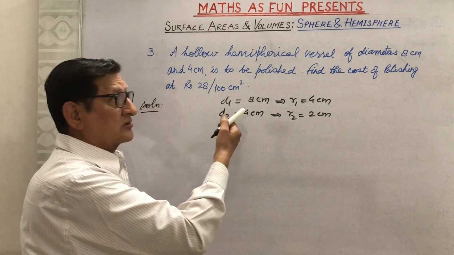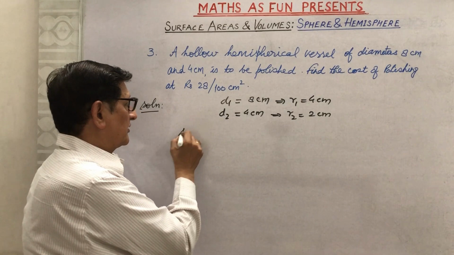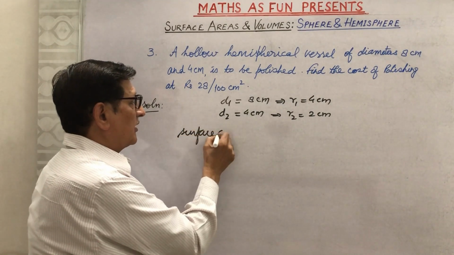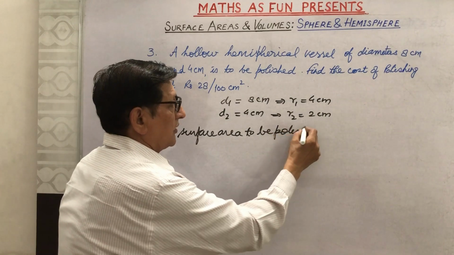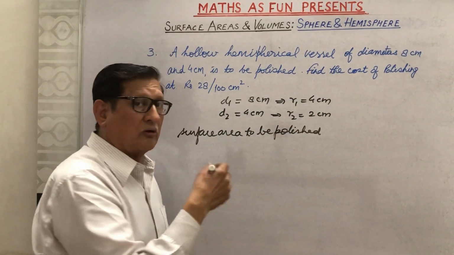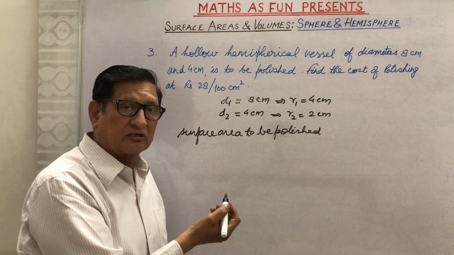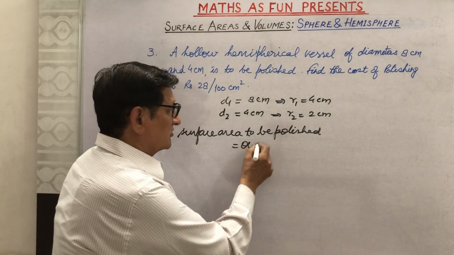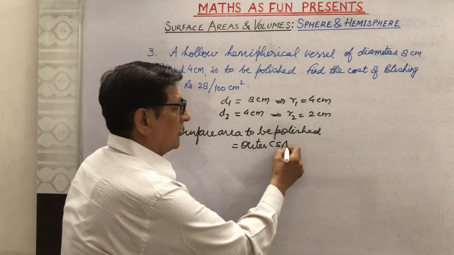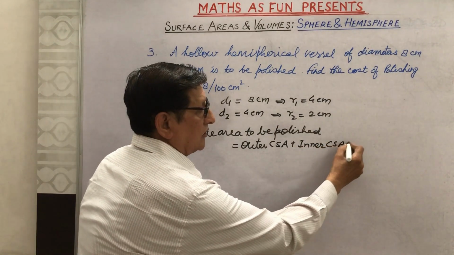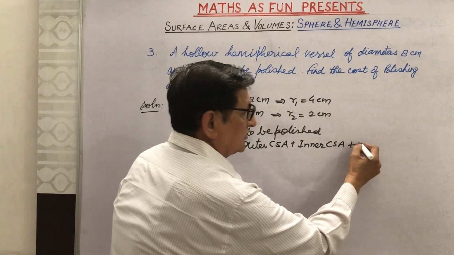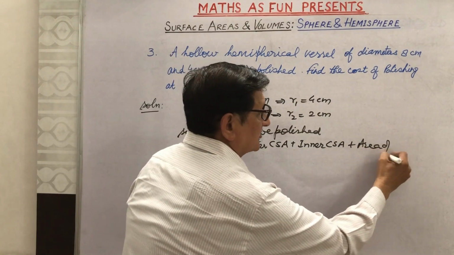Now the surface area to be polished, as we have learnt for a hollow hemisphere with some thickness, is outer curved surface area plus inner curved surface area plus the area of the circular ring.